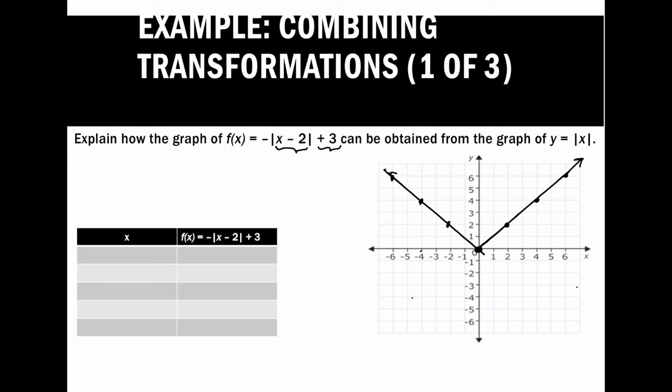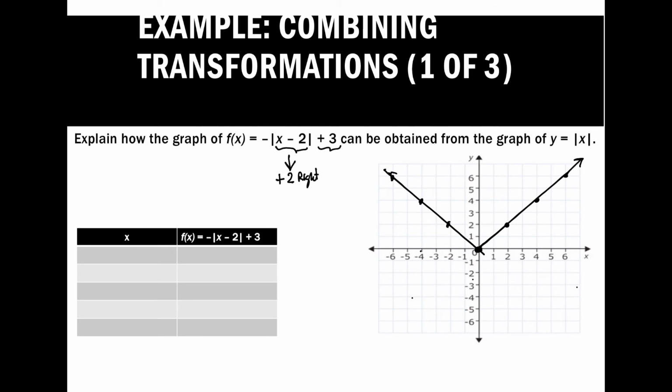So I'm just going to look at what we're adding and subtracting. When we add and subtract things, it shifts the points in those directions. The subtraction of 2 shifted my graph horizontally in the opposite direction. So this would be shifting it positive 2 to the right.